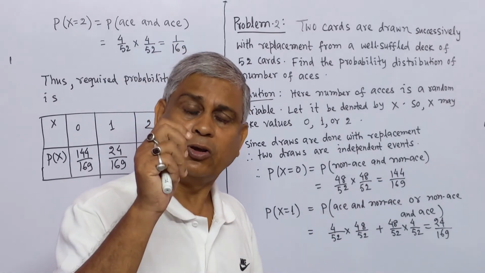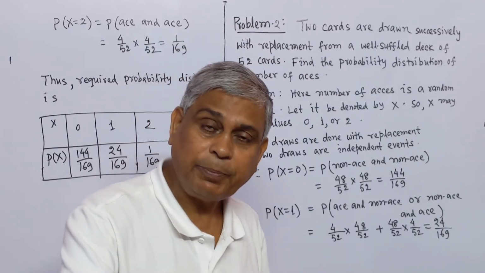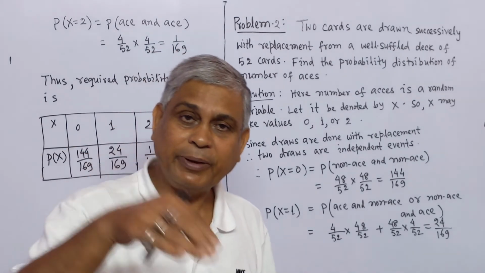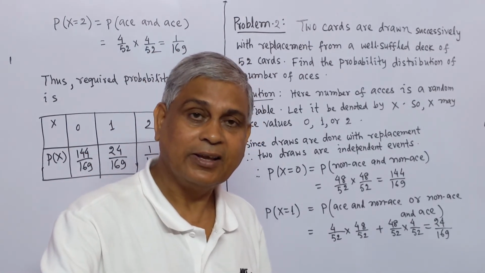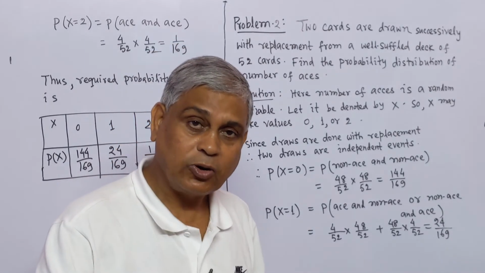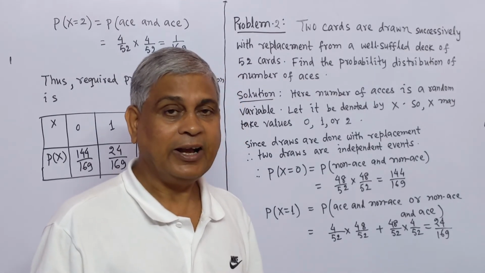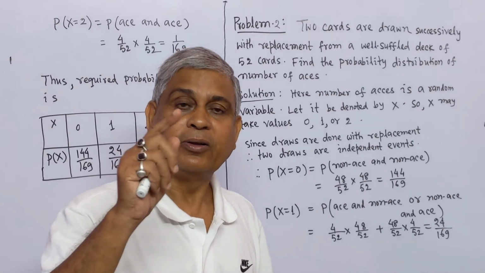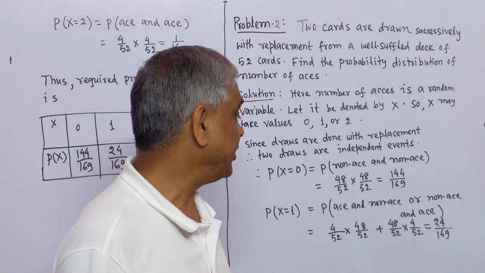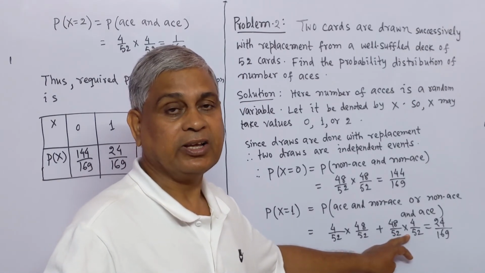Again, for one S we get another process. In the first draw we get none S, and we return that card. In the second draw we get an S. So in the first draw none S, whose probability will be 48 by 52, and in the second draw S, that probability will be 4 by 52. We multiply these because these two draws are independent events.